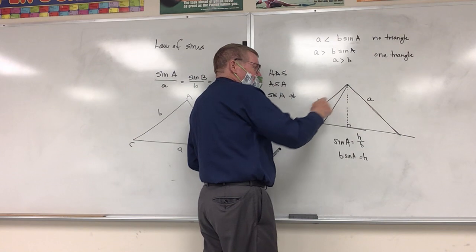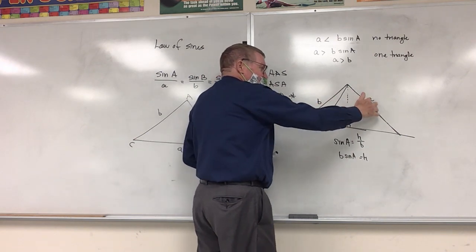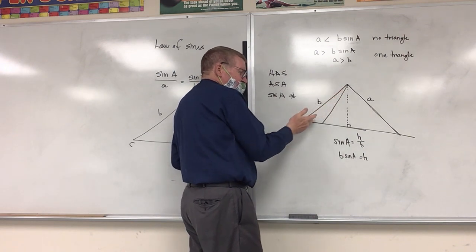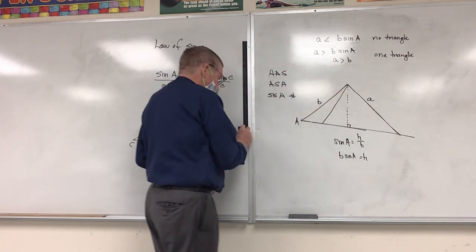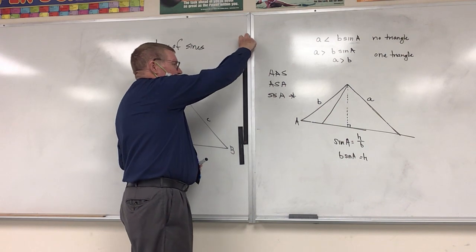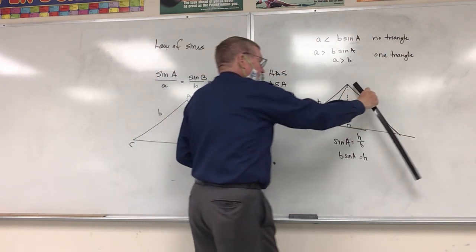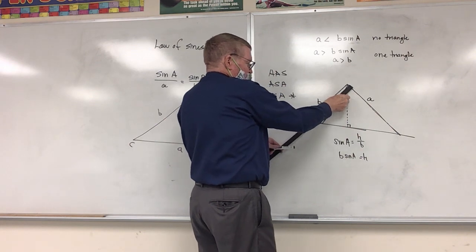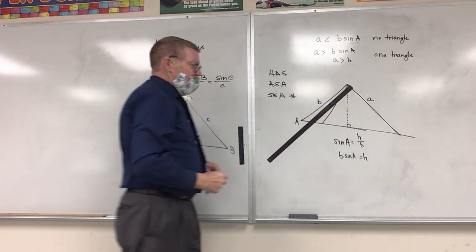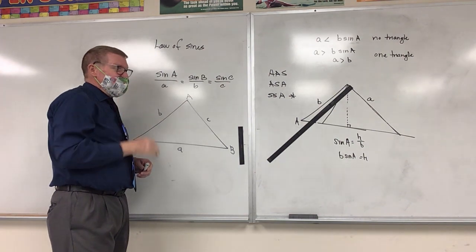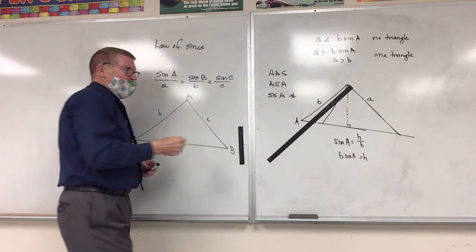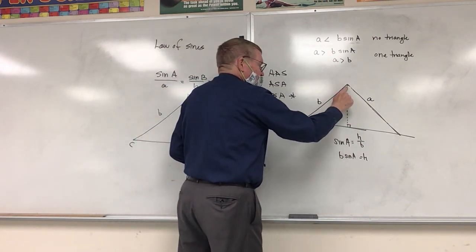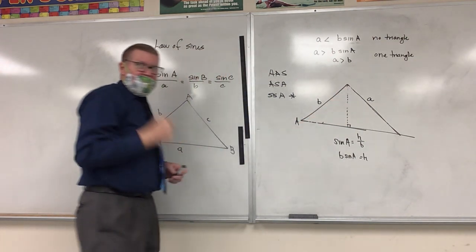If A is bigger than B, I can't swing this back over this direction because it will actually extend further than the triangle. So take for instance, this was B. I could not bring that back over here and connect to that angle because it extends past that side. So this is the only triangle I can get.